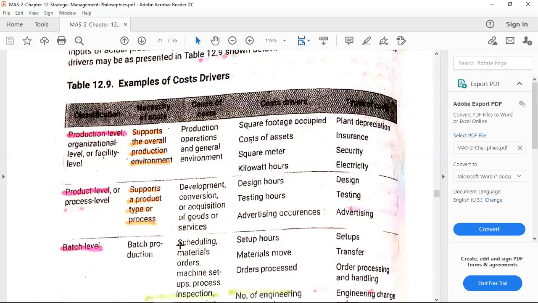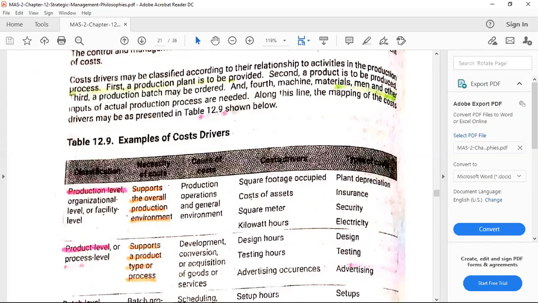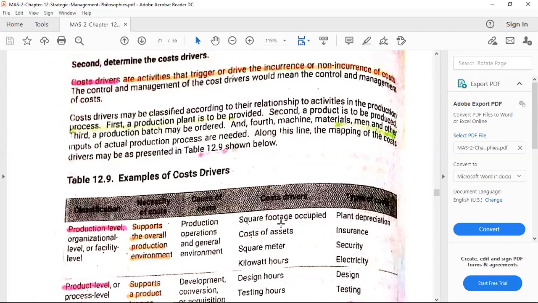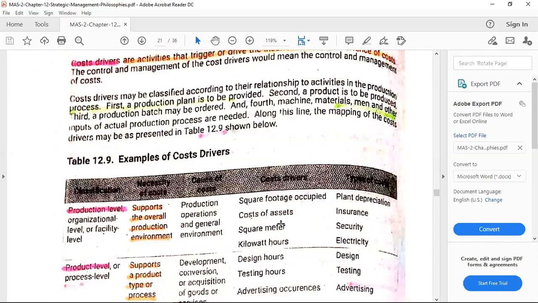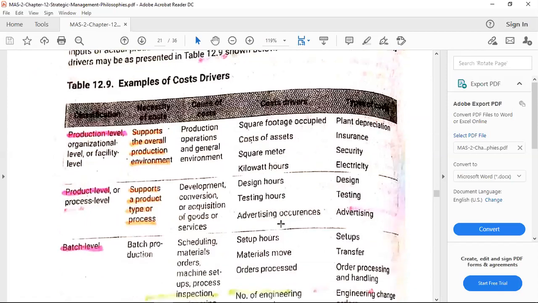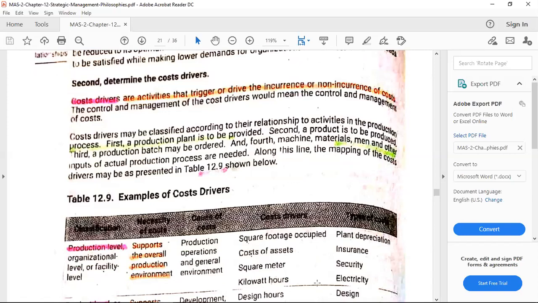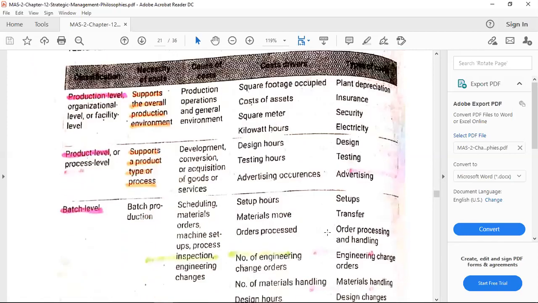For example, we have the electricity, that's the cost. What drives the cost could be the kilowatt hour. So these are the activities that trigger or drive the incurrence or non-incurrence of cost. So electricity, kilowatt hours, water would be cubic meters, and so on. In other words, these are the units of the cost, if you say the drivers.